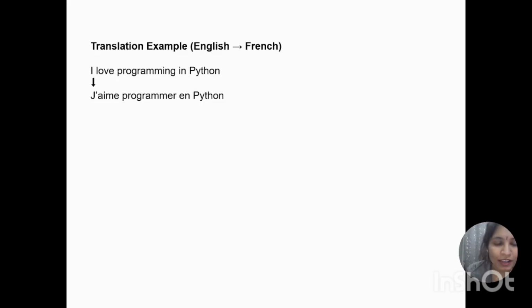I'm going to translate this into French: J'aime programmer en Python. During the translation, the model learns that Python should remain the same.